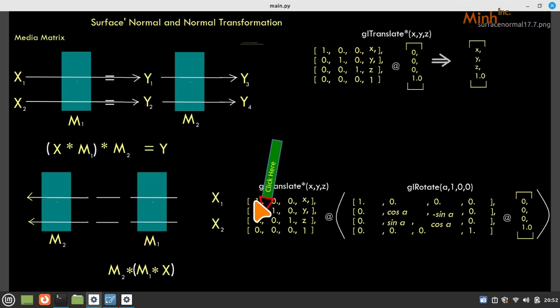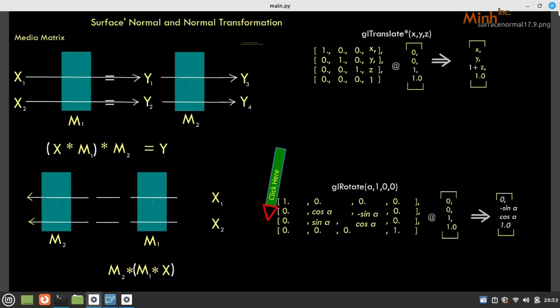So if x is 0, 0, 0 and 1, it is multiplied by a rotation matrix, whatever comes, then it is multiplied by glTranslate. So this is the story.